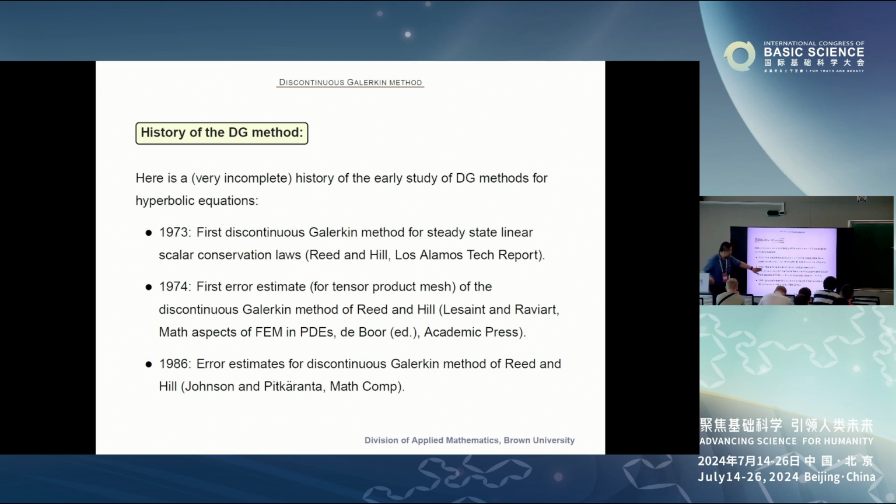And then immediately, 1 year after that, the French mathematicians, numerical analysts, Lesaint and Raviart, proved stability and error estimates for this method. And then the error estimates were improved in a sequence of papers by Clay, this is Claes Johnson in Sweden.